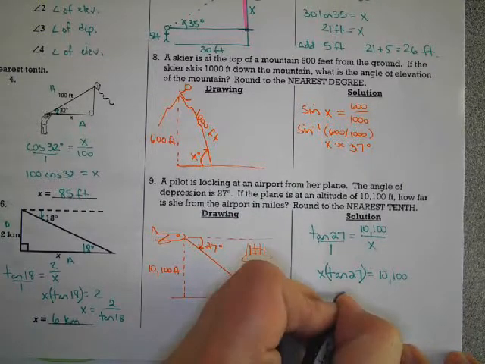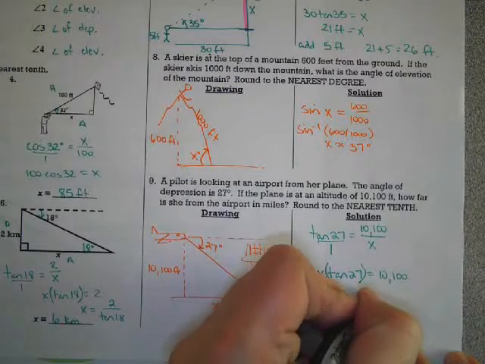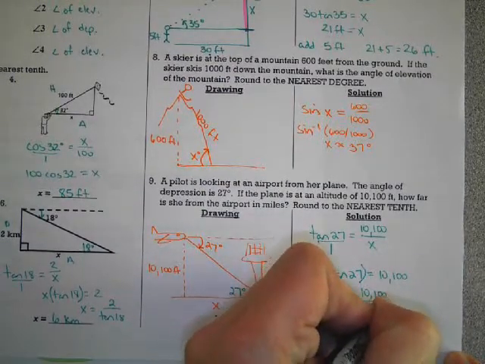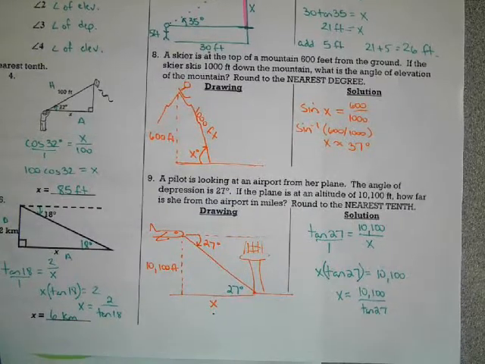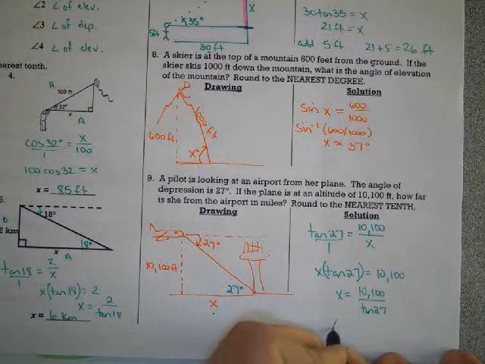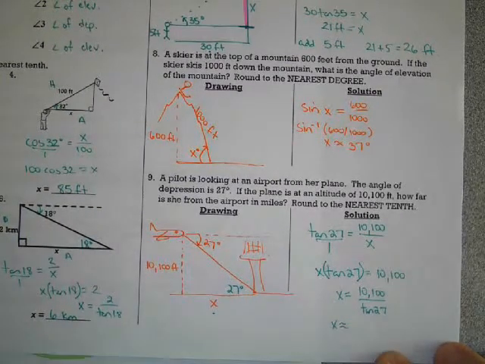So x will equal 10,100 divided by the tangent of 27. And that's approximately 19,822 feet.